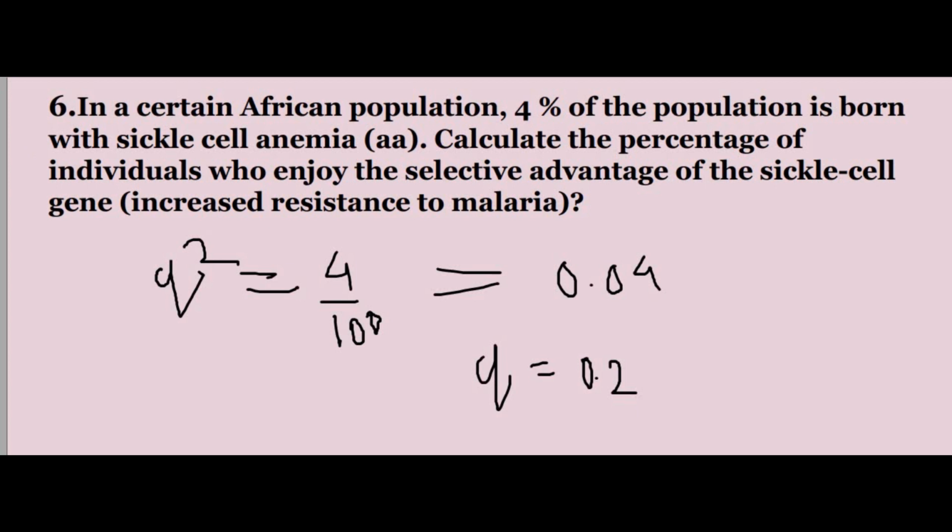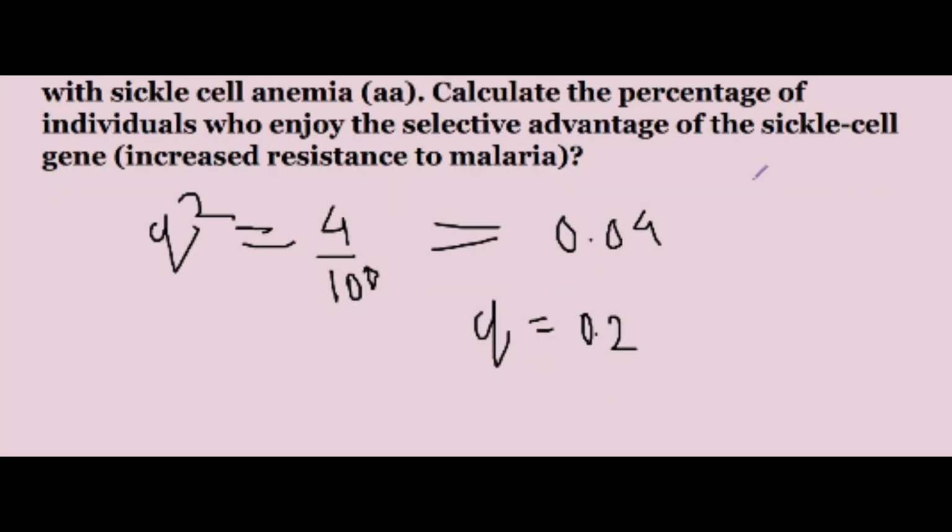And we have to calculate the percentage of individuals who enjoy the selective advantage of the sickle cell gene. First of all, I would like to tell you that people who have the small a gene will have sickle cell anemia and eventually they will die.